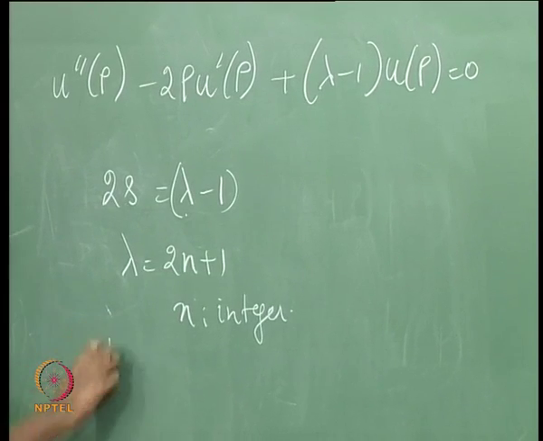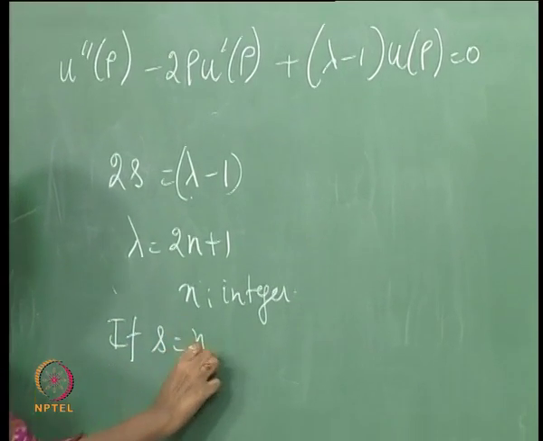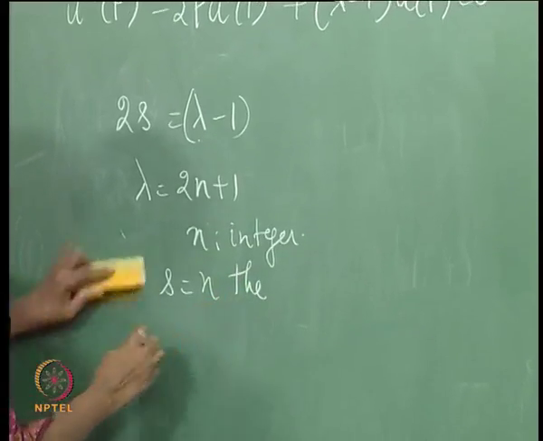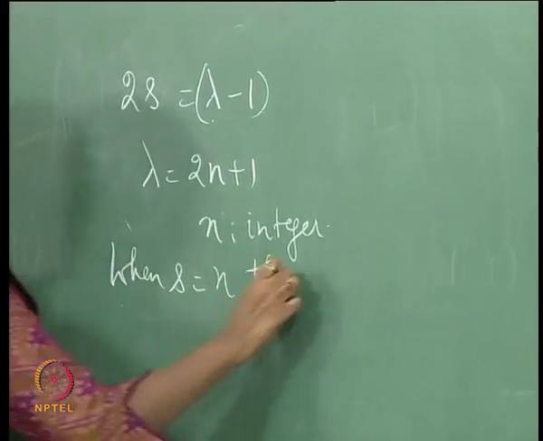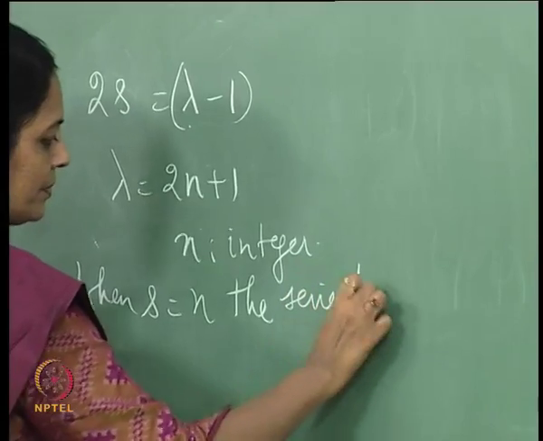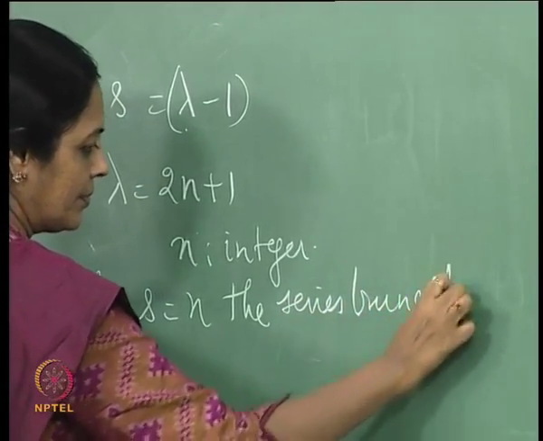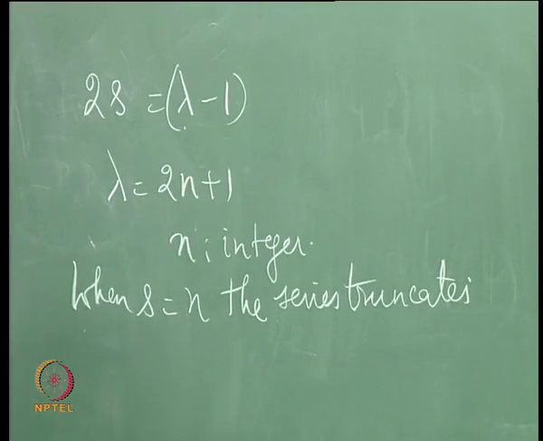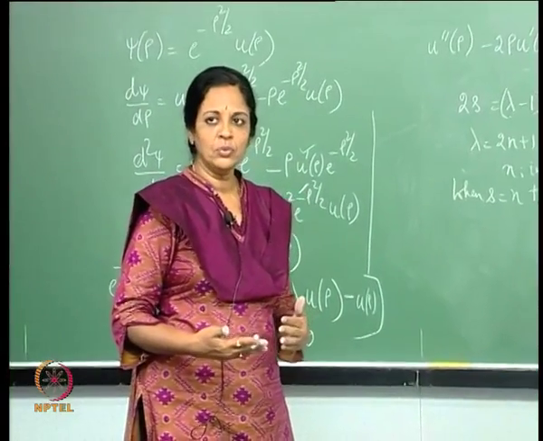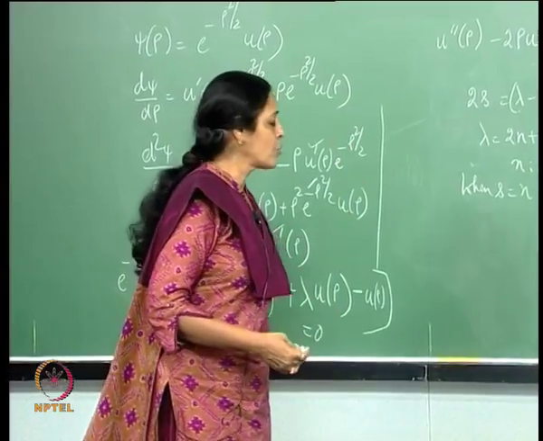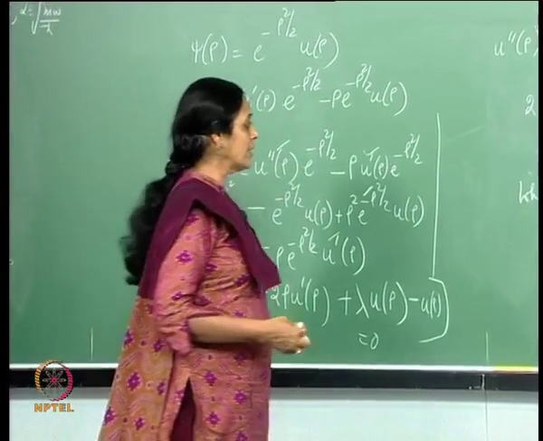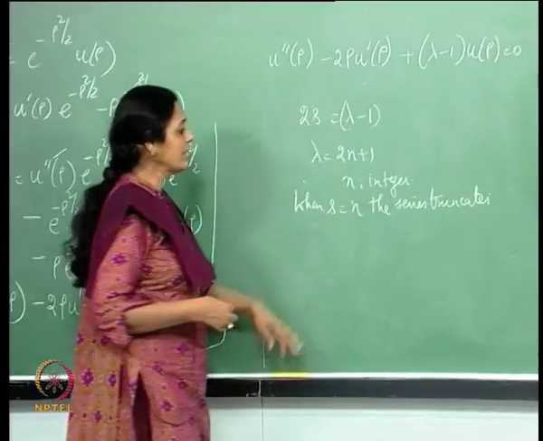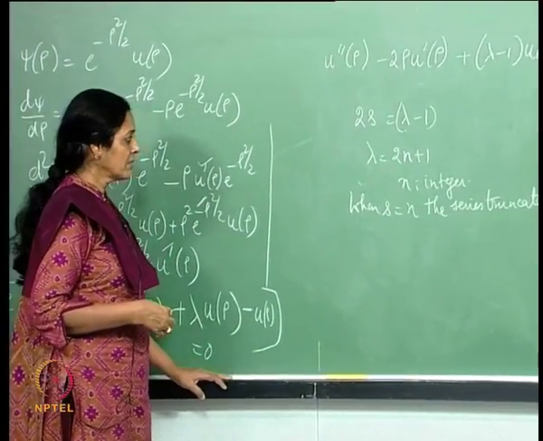And then when s is equal to n, the series truncates. So the summation over s goes from the lower value, whatever it is, all the way to n, where lambda is 2n plus 1, where n is a positive integer.